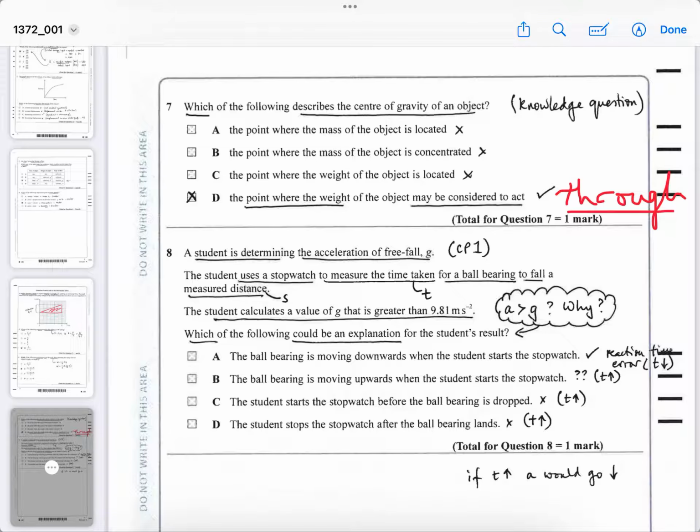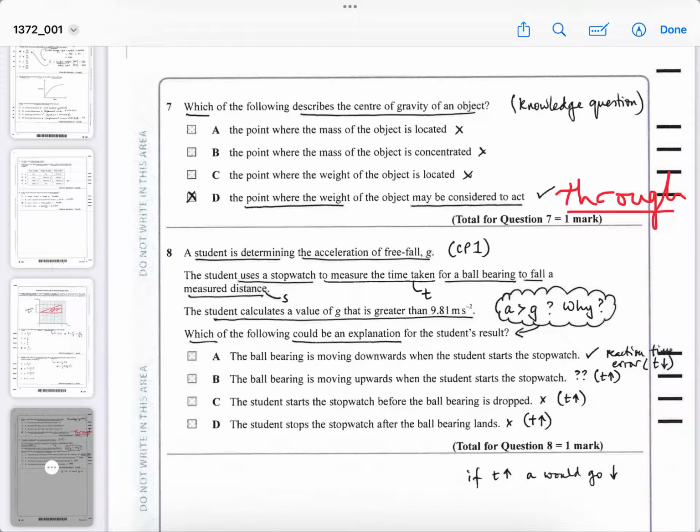So in other words, the acceleration went faster than the true value of G, but why would that happen? Which could give an explanation for the wrong or the high result obtained by the student. So we'll have a look. The answer is A, so let's see why B, C, and D aren't correct.